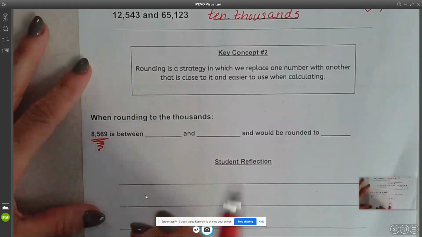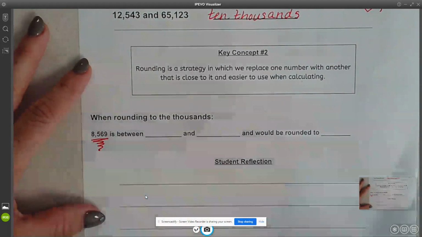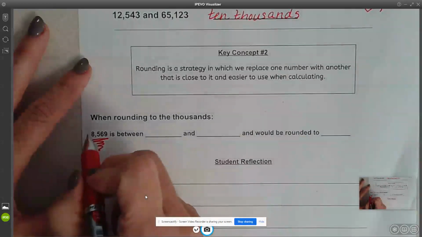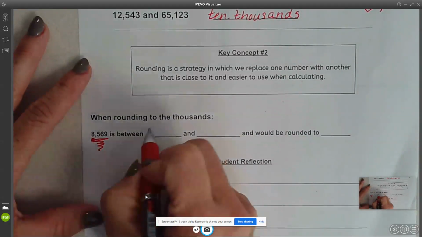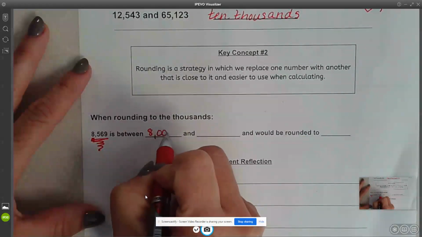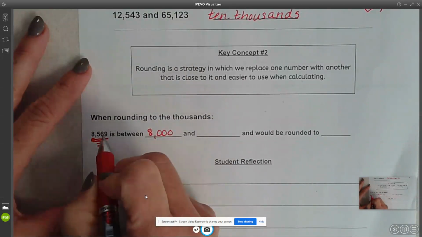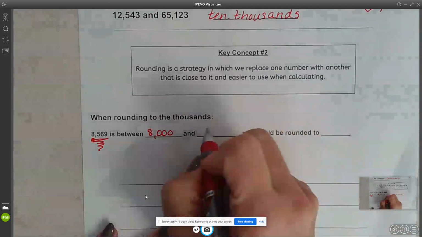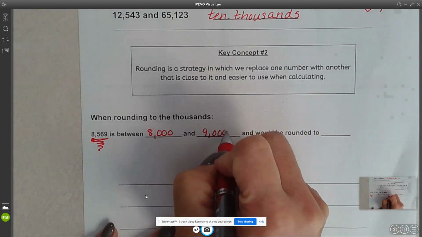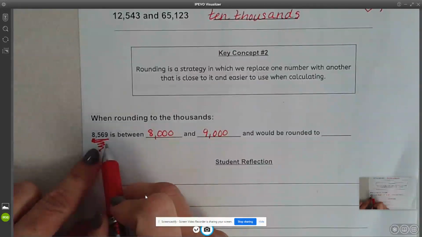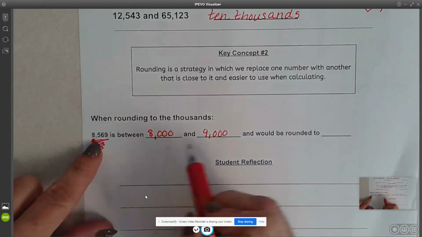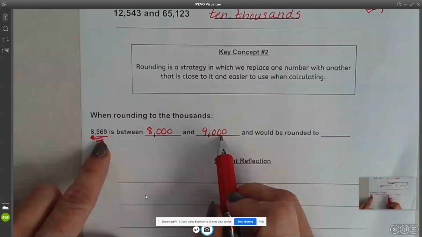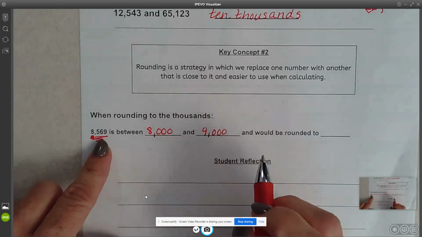8,569. Where does it fall between what two thousands? Well, you're always going to start with your thousands place, and that will be your first thousand. And then if we're counting by thousands, the next thousand would be 9,000. And I know that somewhere in between 8,000 and 9,000 is this 8,569.